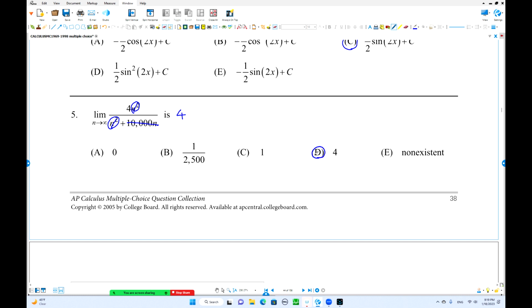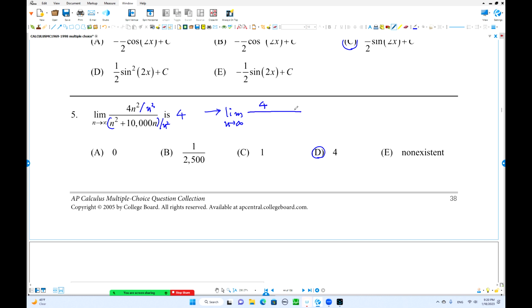Or you can divide by n squared on both sides. When you divide by n squared, it looks like this. The limit as n approaches infinity: n squared divided by n squared is 4 over here.